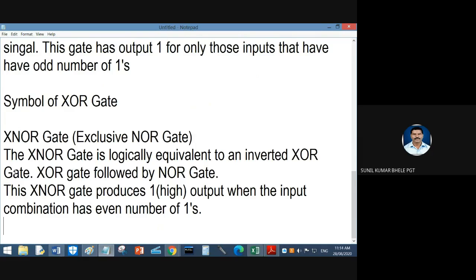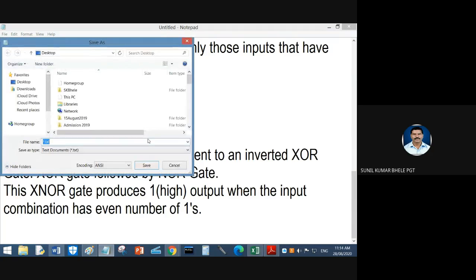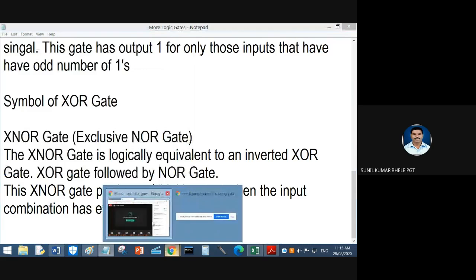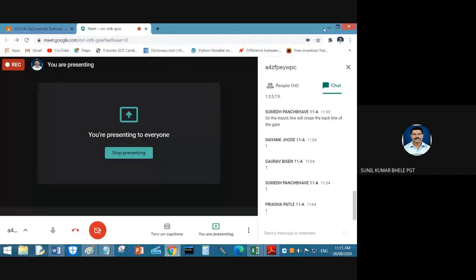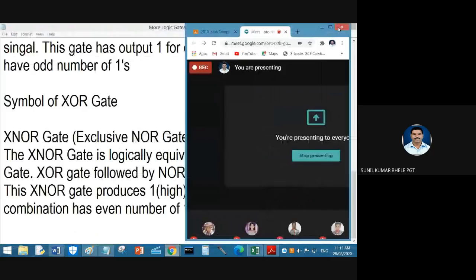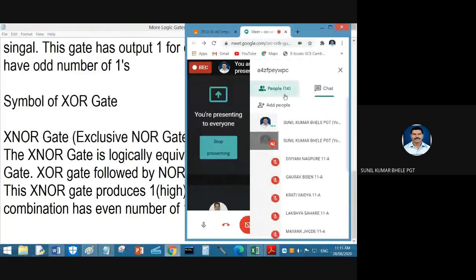Have you noted down all these things in your notebook? Laksh?